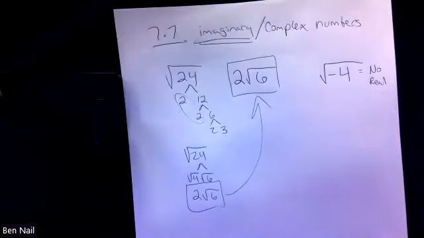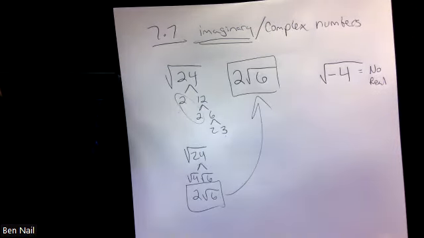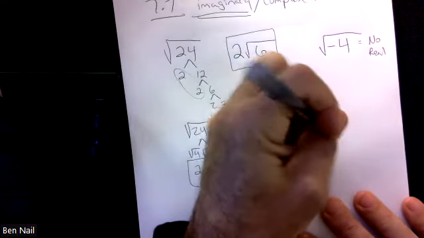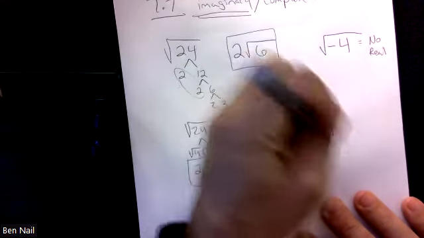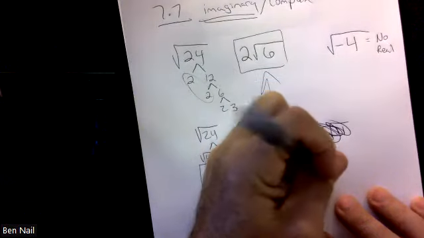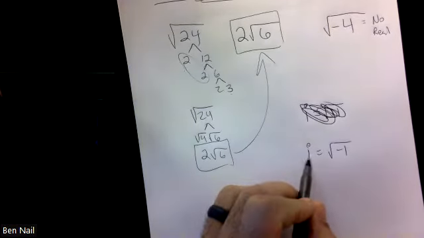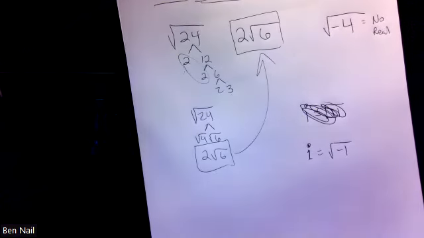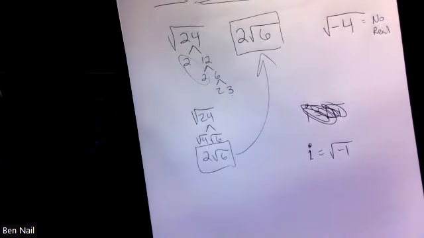Somebody decided that we needed to have solutions to the square roots of negatives. So they invented this thing called an imaginary number. They said i, a lowercase i, it's actually kind of a scripty looking i, is going to be equal to the square root of -1.